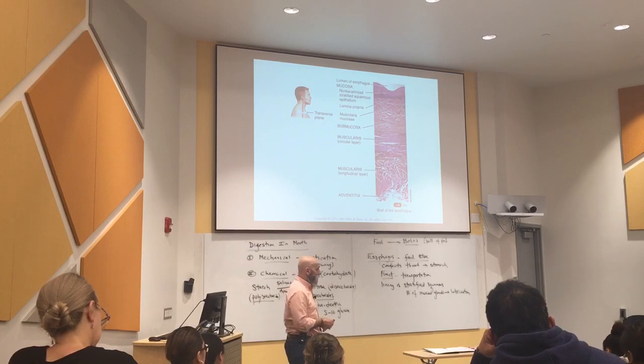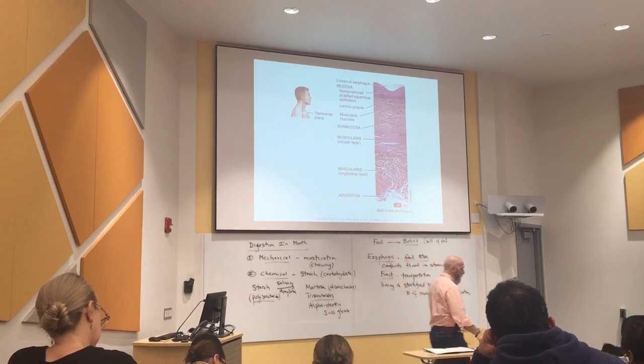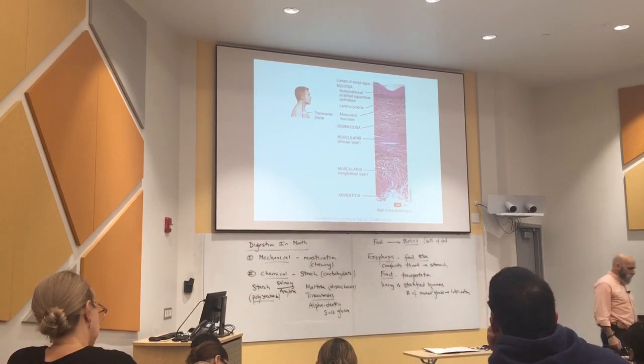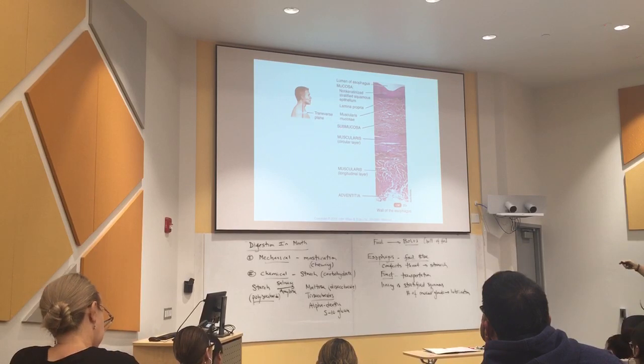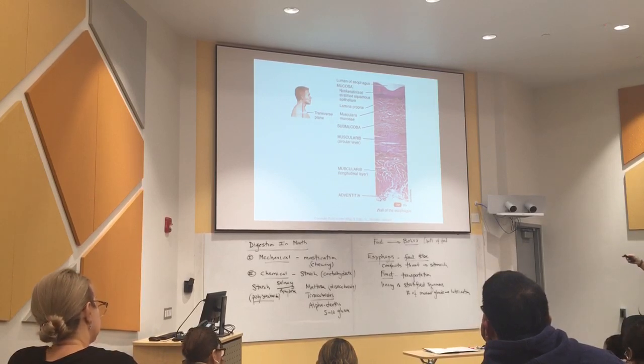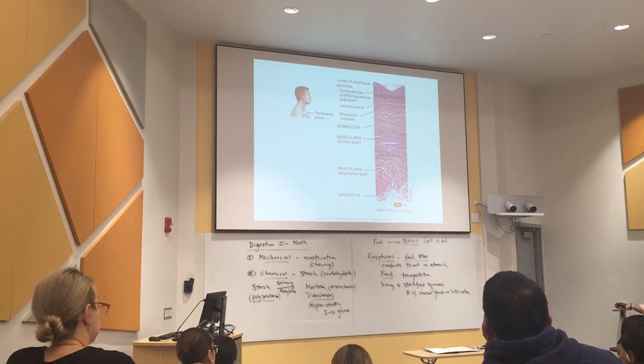What we're looking at here in the picture on the board is a histomicrograph of the esophagus wall. Mainly you get the same layers of mucosa, submucosa, muscularis. You'll notice the mucosa, the layer that's in contact with the food, is a non-keratinized stratified squamous epithelium. It's protective, just like your skin. Your skin happens to have keratin in it.